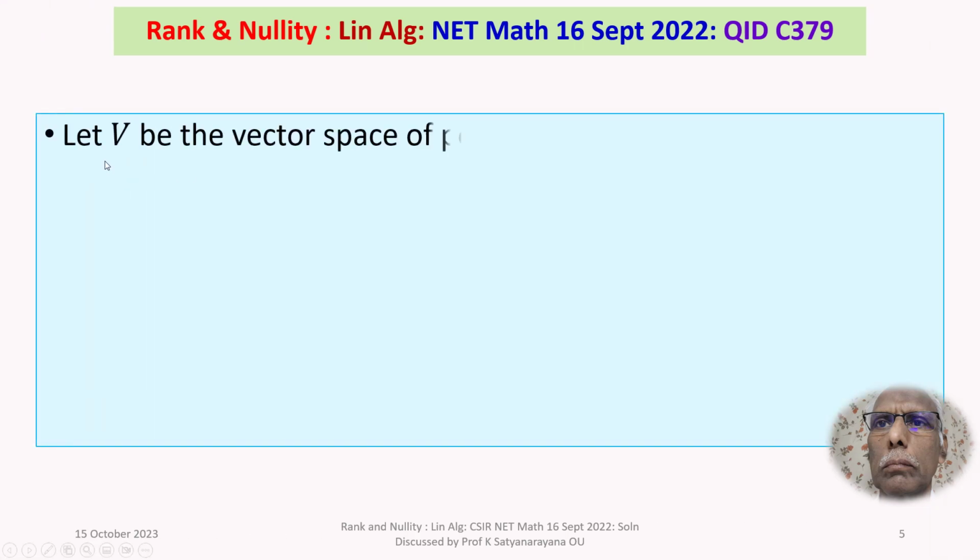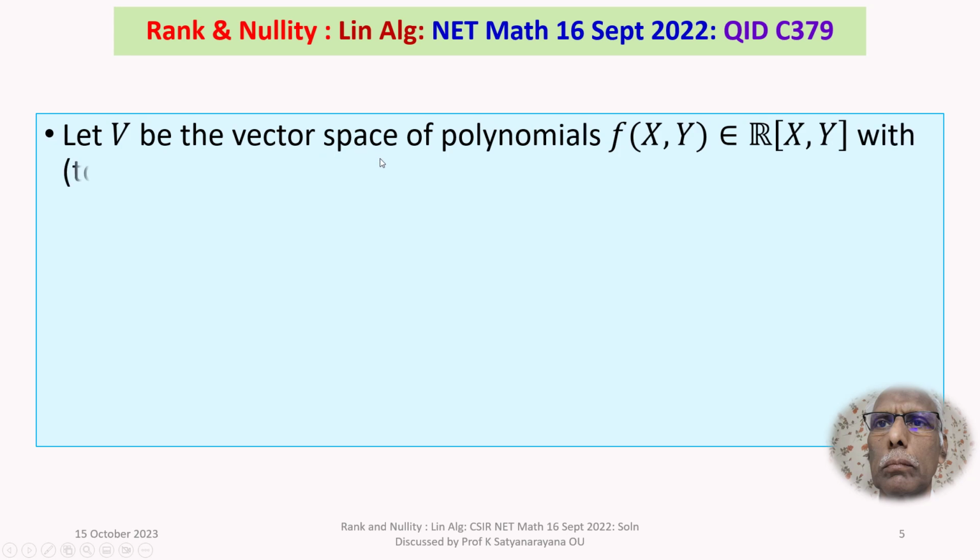The given question is: let V be the vector space of polynomials f of x comma y, where x and y are variables. That means it is the vector space of polynomials in two variables x and y over the real field R with total degree less than 3.